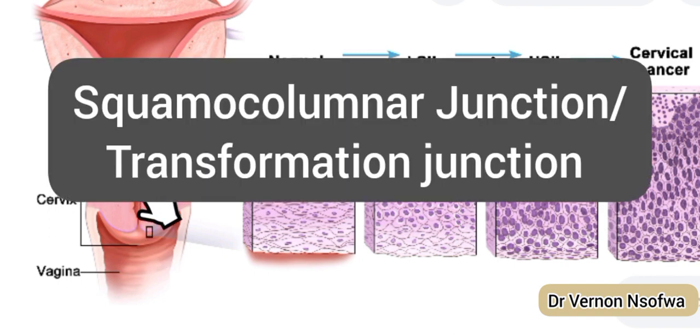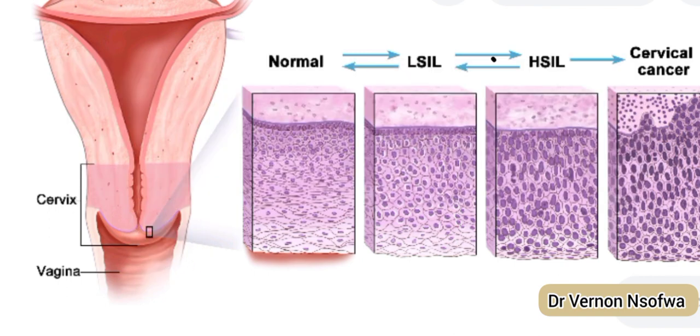At that junction we have both squamous and columnar cells. In the ectocervix we have the squamous cells, and in the endocervix we have the simple columnar cells. That's what you should know.